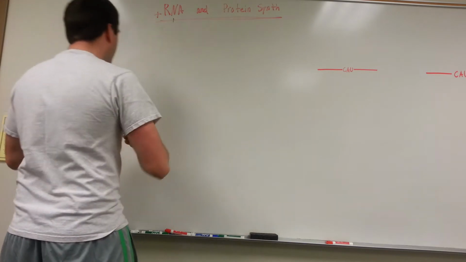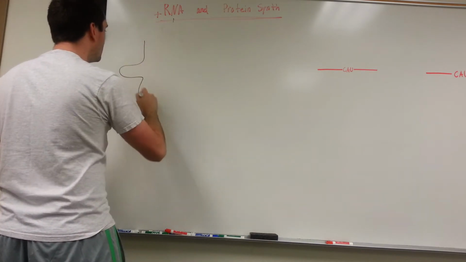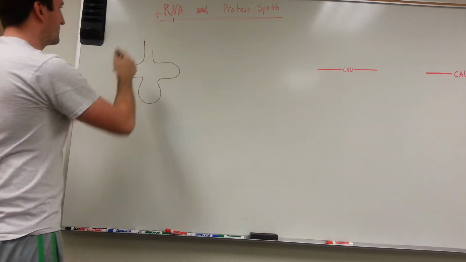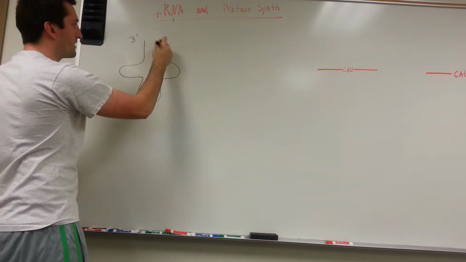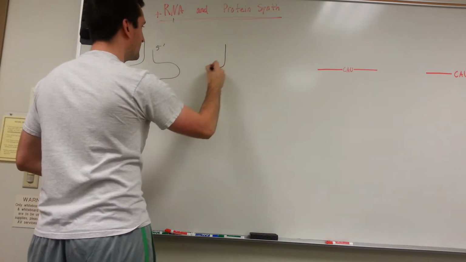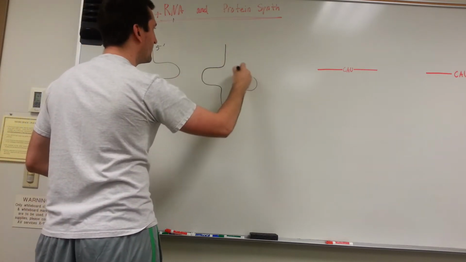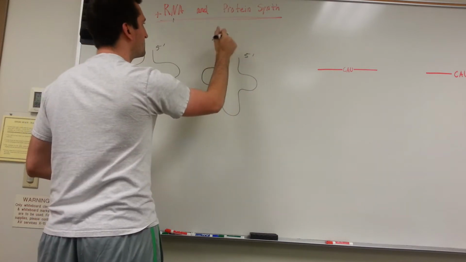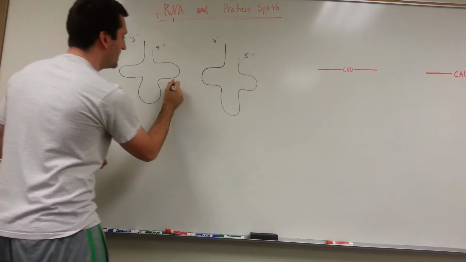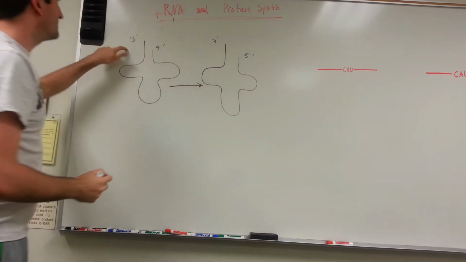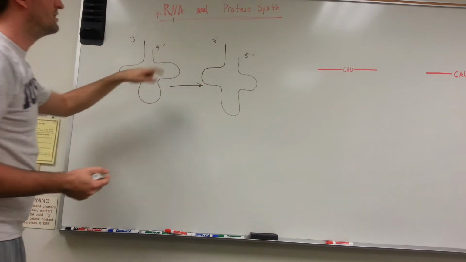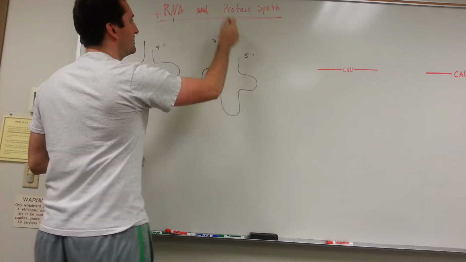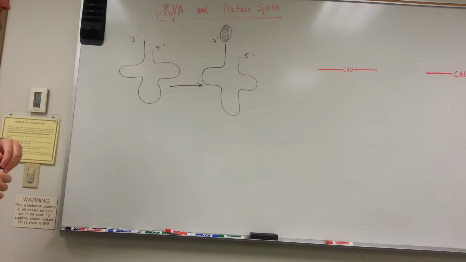So let's draw a naked tRNA. We've got our 3' end, our 5' end. Let's just draw another one really quick. Same thing, 5' end, 3' end. How do we go from a naked tRNA molecule to one with an amino acid attached?